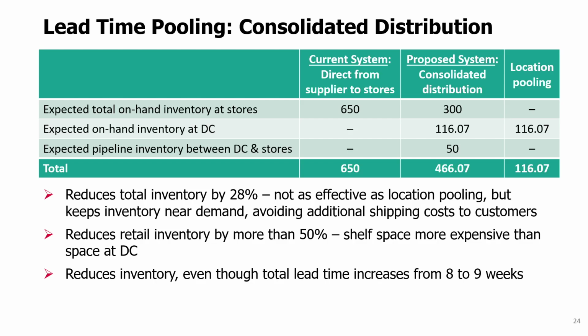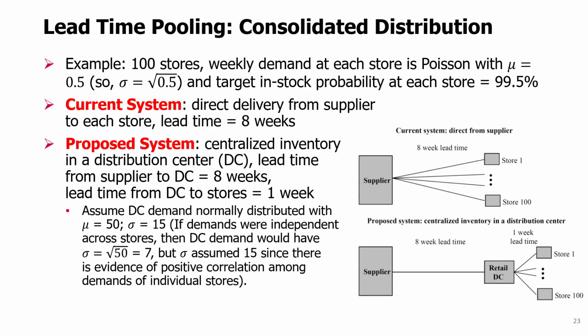So, why is this actually called lead time pooling or lead time risk pooling? Well, you can see graphically that those lead times, 8 weeks, are like separate lines here, right? And in the proposed system, we kind of keep them together for longer, before we let them separate.